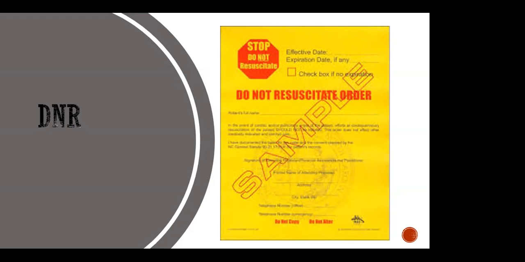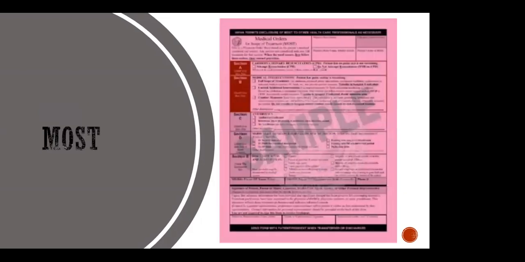So don't let them get you in a bind by saying, well, there's a hospital order here. Because it's an EMS truck, it's under regulation by OEMS, and we need a DNR. Nice yellow form here. Or if there are any orders that are more specific and not just the straight DNR, we all know there's the MOST form that lets them spell out the options of what they would like done and what they would not like done.